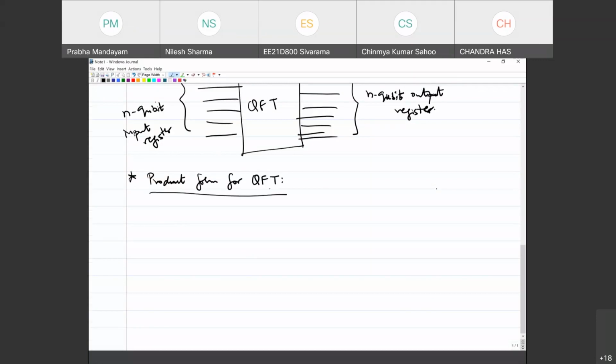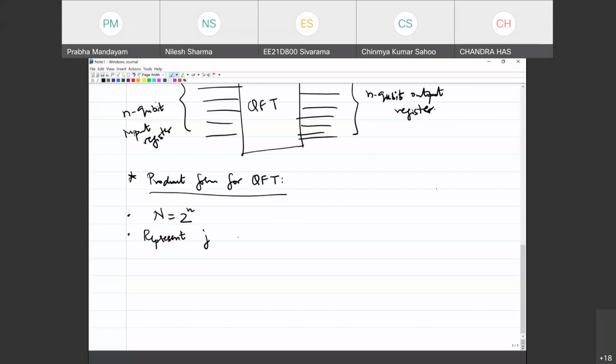So in order to do that, first, let's get into this binary representation. As I said, capital N is 2 to the n, right? So let us represent this j, which as you know is some number between 0 and capital N minus 1.